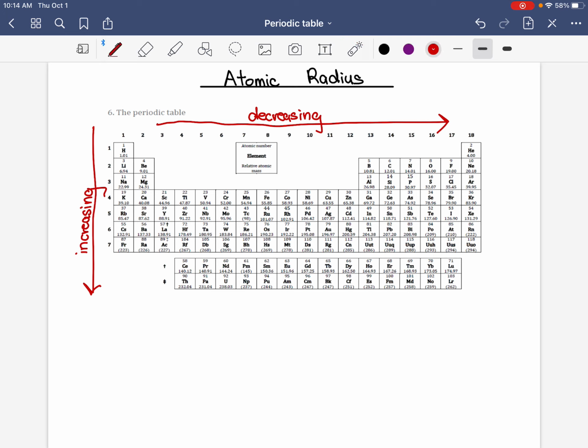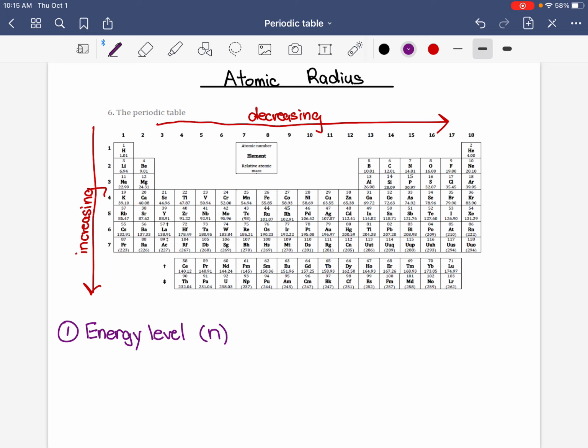So, number one. The first factor is an obvious one, energy level. We abbreviate it by the letter N.